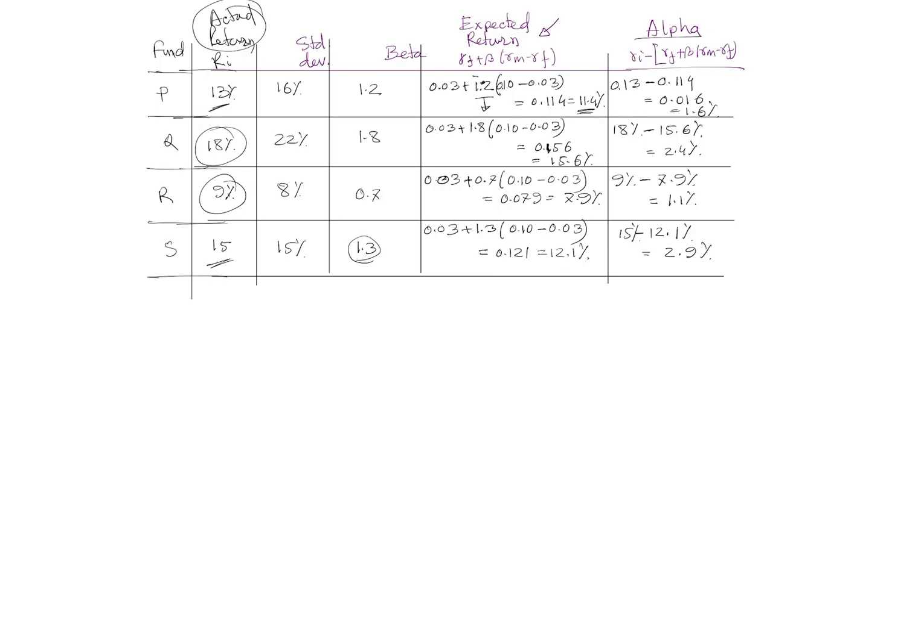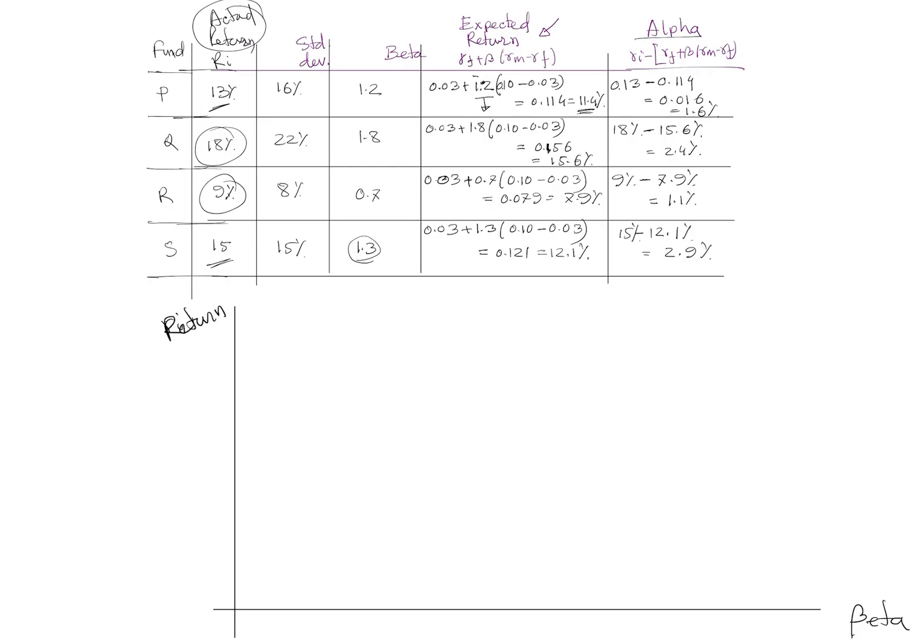So what do we have? For the security market line, you need to put beta and the return. So let's say the x-axis is the beta and the y-axis is the return, or expected return. I'll just say return.